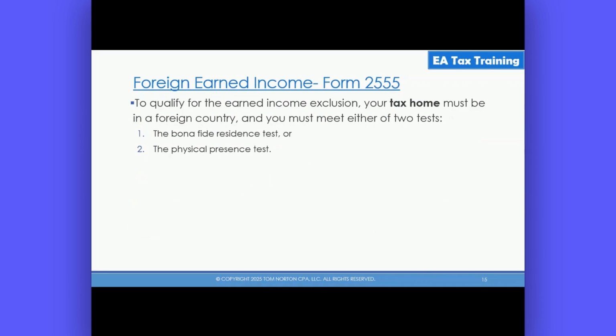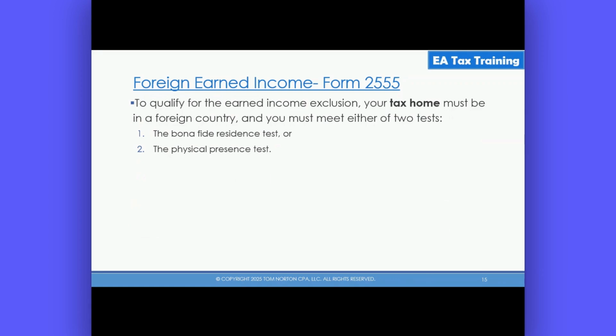In order to qualify for this earned income exclusion or housing exclusion, you do have to qualify by meeting a couple of different tests. First of all, your tax home must be in a foreign country. We'll talk about that. And you must meet one of these two tests, the bona fide residence test or the physical presence test.